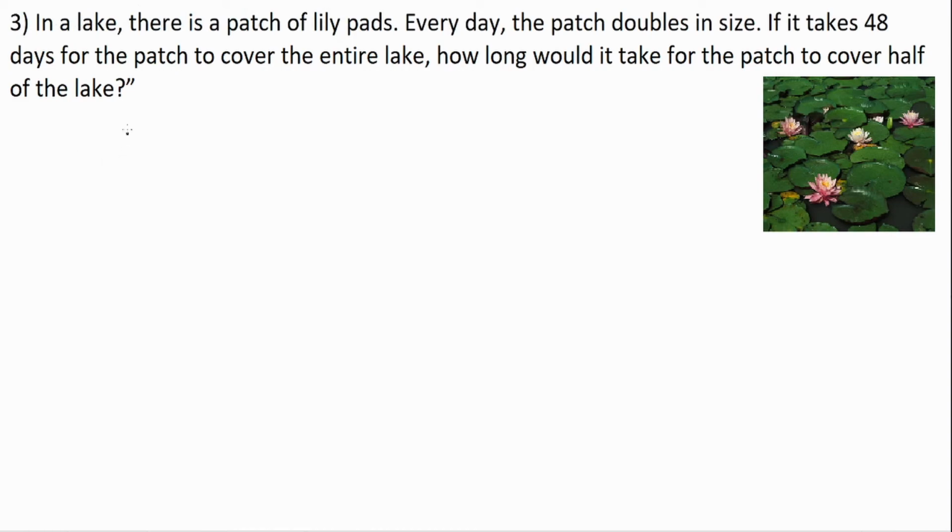So according to the problem, we know that the patch doubles in size every single day. So every day the patch size is multiplied by 2. We know that on the 48th day, the lake will be 100% covered with lily pads. What we need to figure out now is on which day only 50% of the lake will be covered.